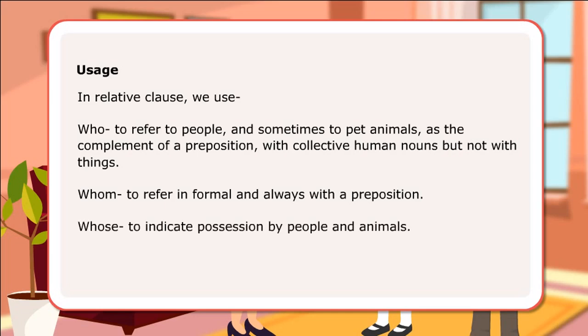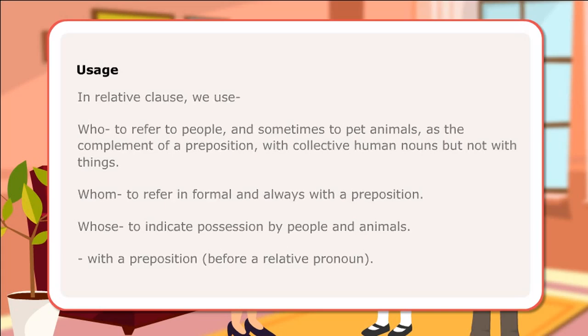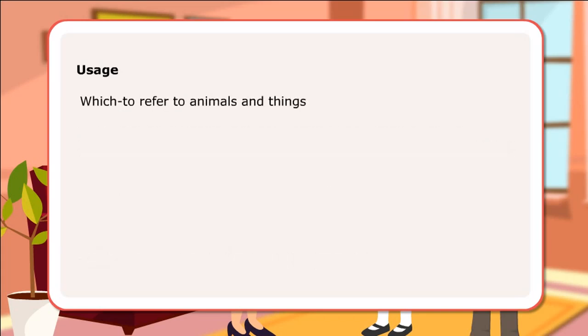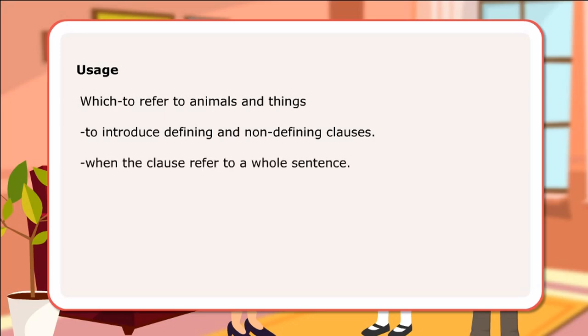Whose to indicate possession by people and animals, with the preposition before a relative pronoun. Which, to refer to animals and things, to introduce defining and non-defining clauses, when the clause refers to a whole sentence.